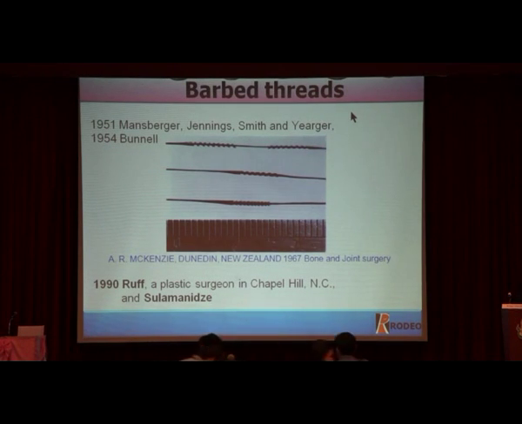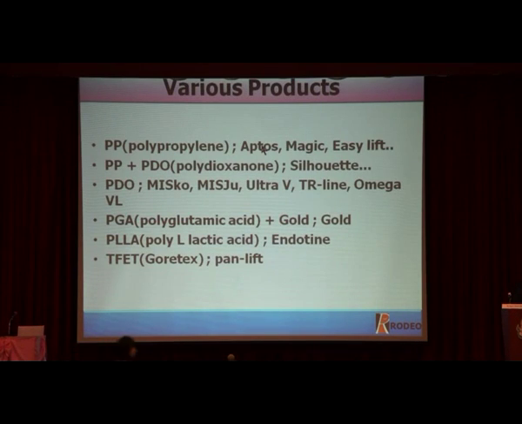The history of barbed thread: 1951, and in the 2000s the barbed thread changed. Various product types are Aptos and polydioxanone, and the polylactic acid type, whose brand is Endotine. The Endotine trend is that the future thread is polylactic acid.